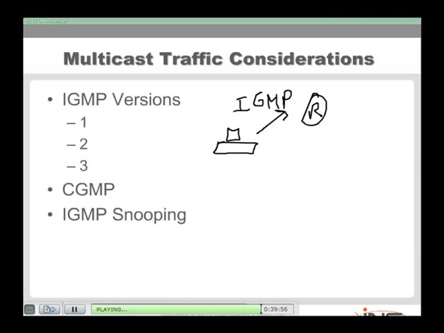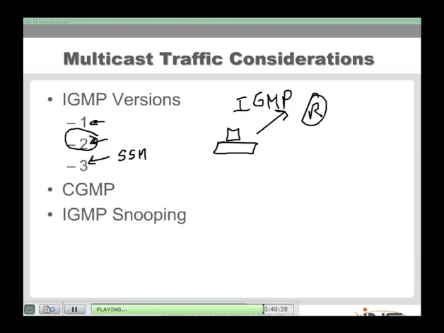And there are currently versions 1, 2, and 3 of IGMP, although the standard, the default that you find out there is version 2. Version 3 is for something called source-specific multicast, where the client gets to say, you know what, I want to get the multicast data, but I only want to receive it from server A, for example.